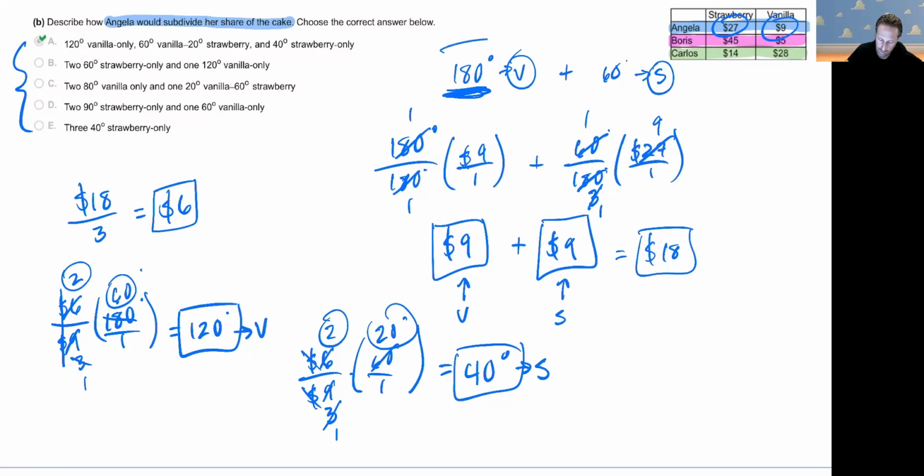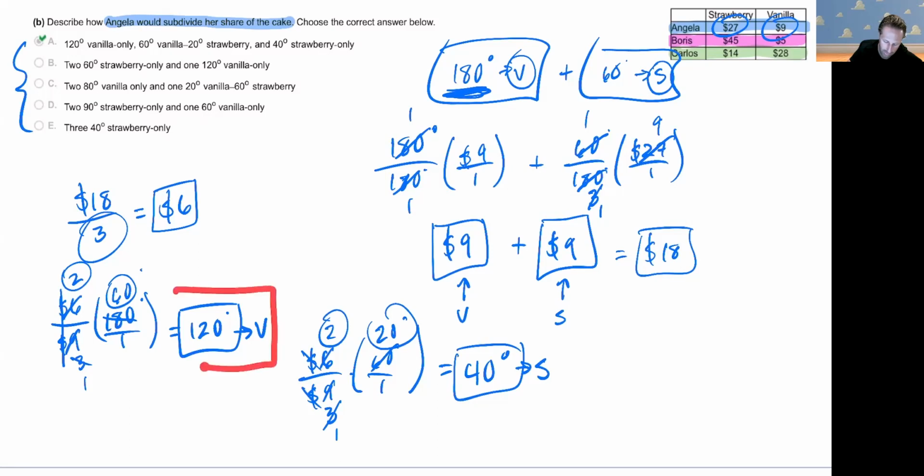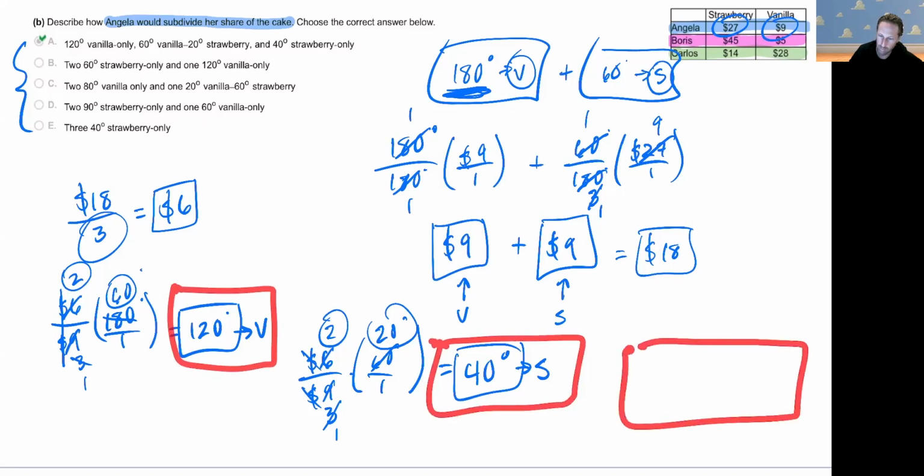Now, we originally had 180 and 60, so if this is the third that we're finding, then we know that she's going to cut into 120 degrees of the vanilla for one slice, 40 degrees of the strawberry for one slice, and then what is the third going to be? Well, it'll be everything that's remaining. And so for us, since we started with 180 and we took 120 degrees of it, that would be a 60 degree.